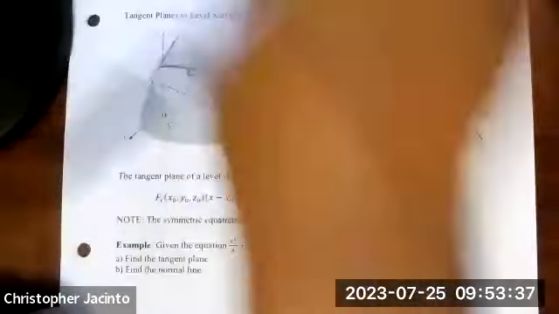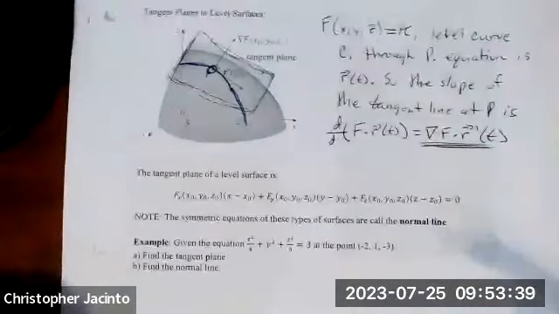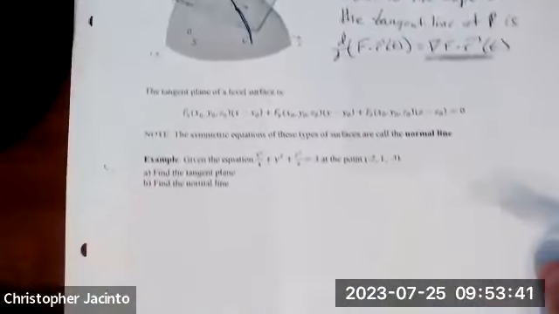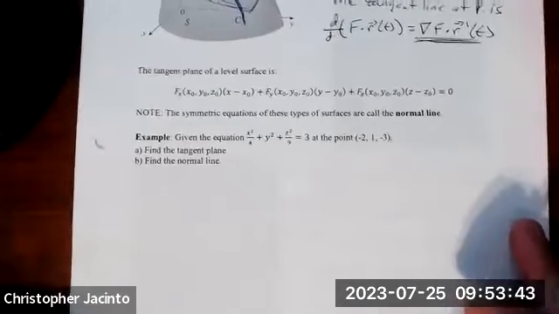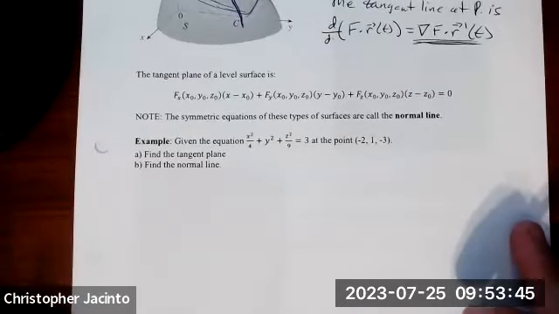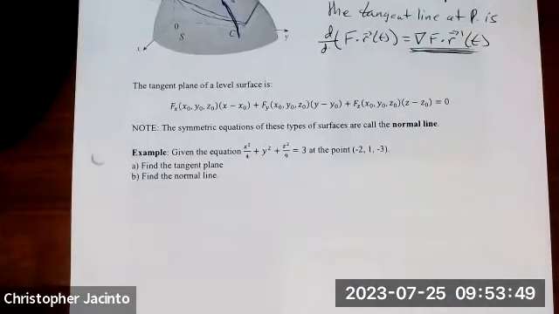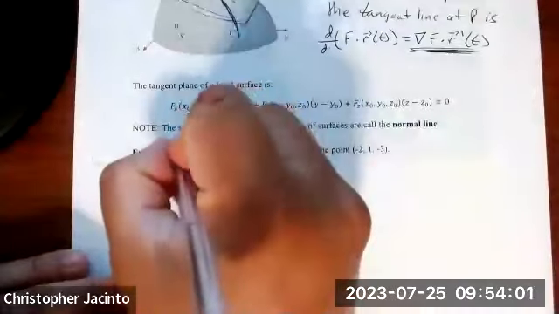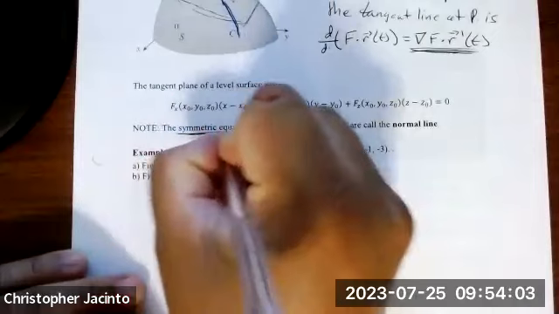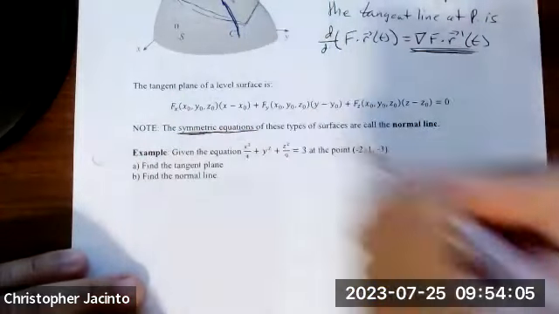So according to our definition now, any tangent plane to a level surface is given by exactly that. It's the gradient of f times the initial point. Now, here's a key thing, going way back to the very beginning of the class: symmetric equations.